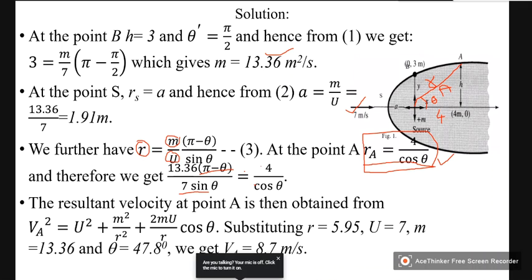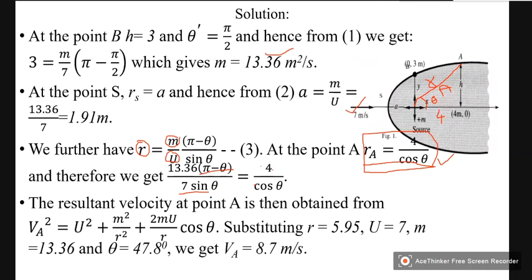Right? Now, in this equation, what do you have? 13.36 into pi minus theta by 7 sin theta is equal to 4 by cos theta.